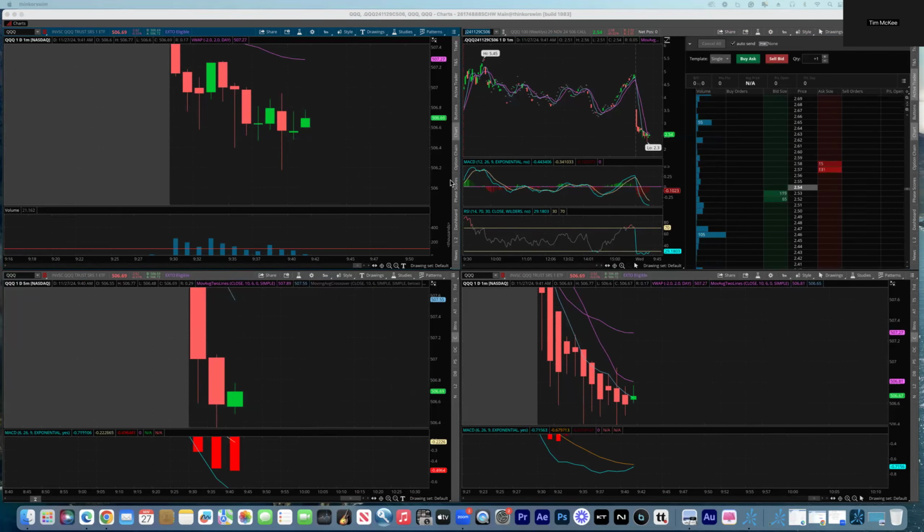Price trying to climb out of this hole a bit. We're going to let this 5-minute candle burn down a little bit more before we put in a demand zone.